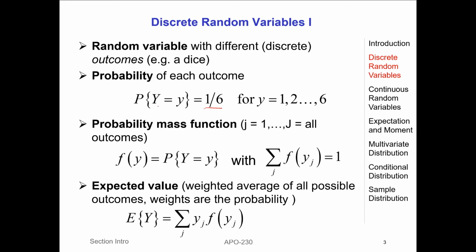Usually the random variable, for example throwing the die, is denoted by a capital letter, here Y, the capital Y, and a specific possible outcome, for example 2 or 3, is denoted by a small letter.